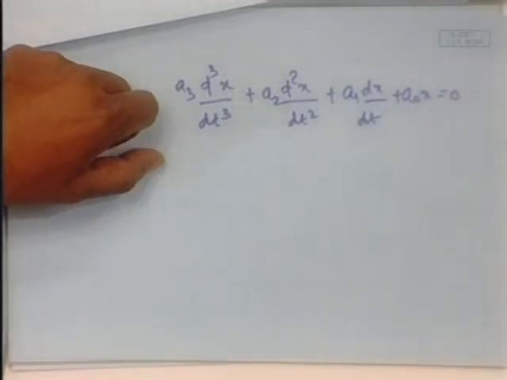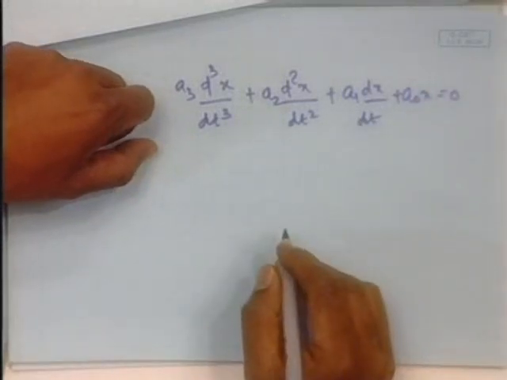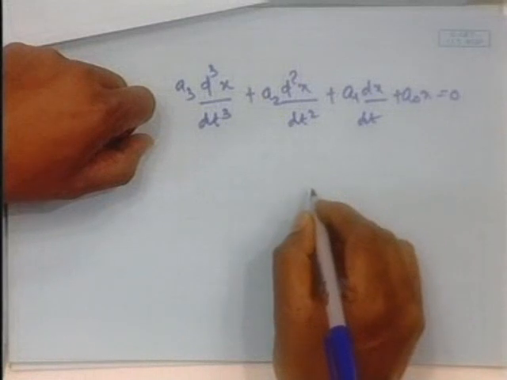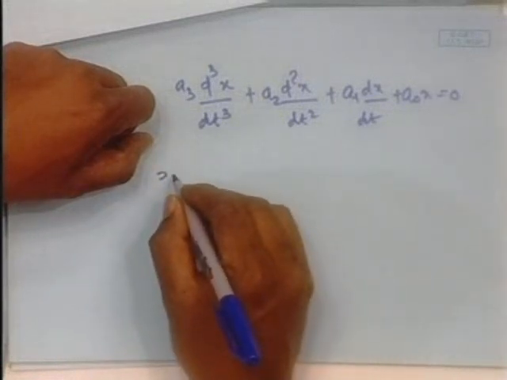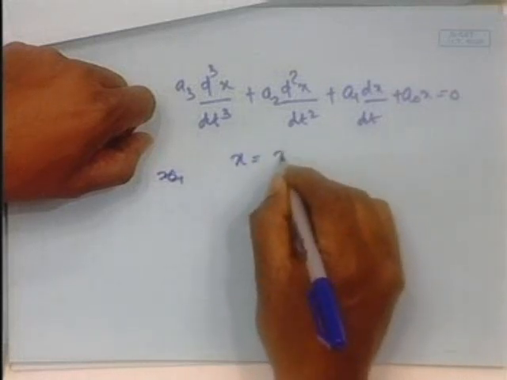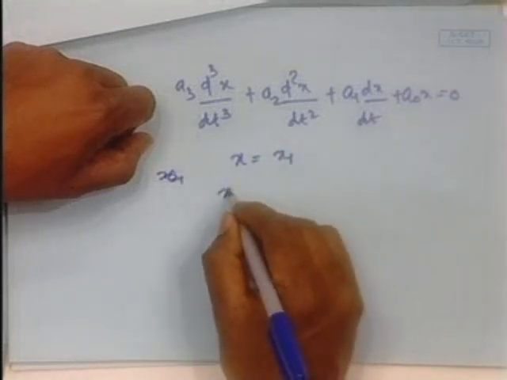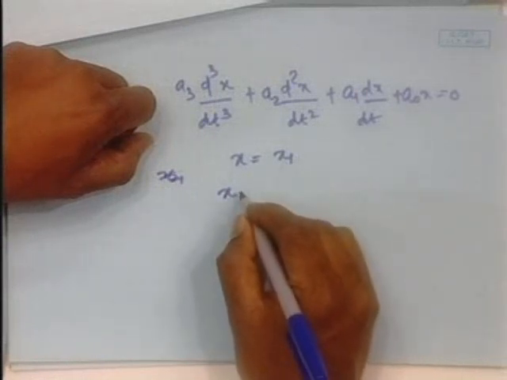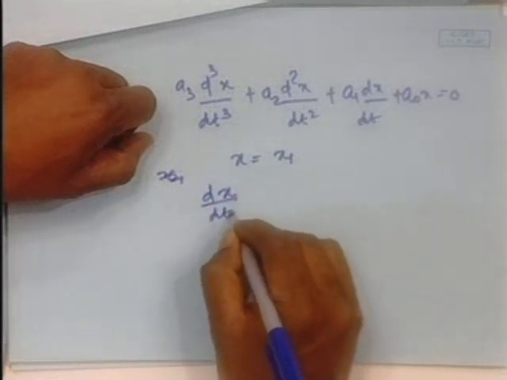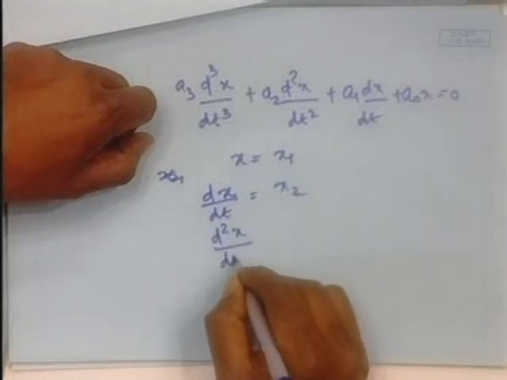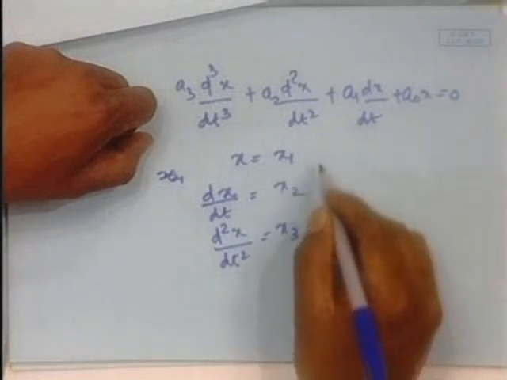So, you are writing like this, you are writing the first row to be, in this form, that x is equal to x1, then dx by dt to be equal to x2 and d squared x by dt squared is equal to x3. Slightly changed, I have slightly changed.